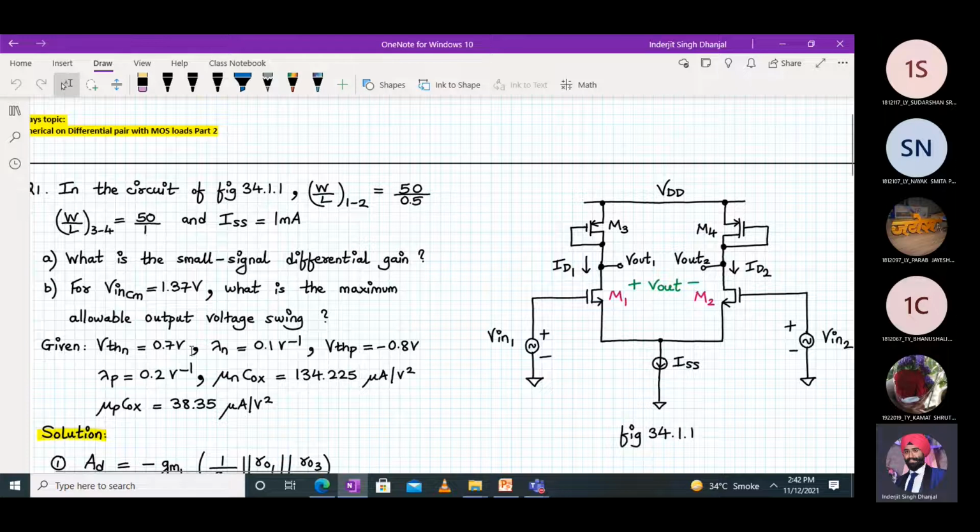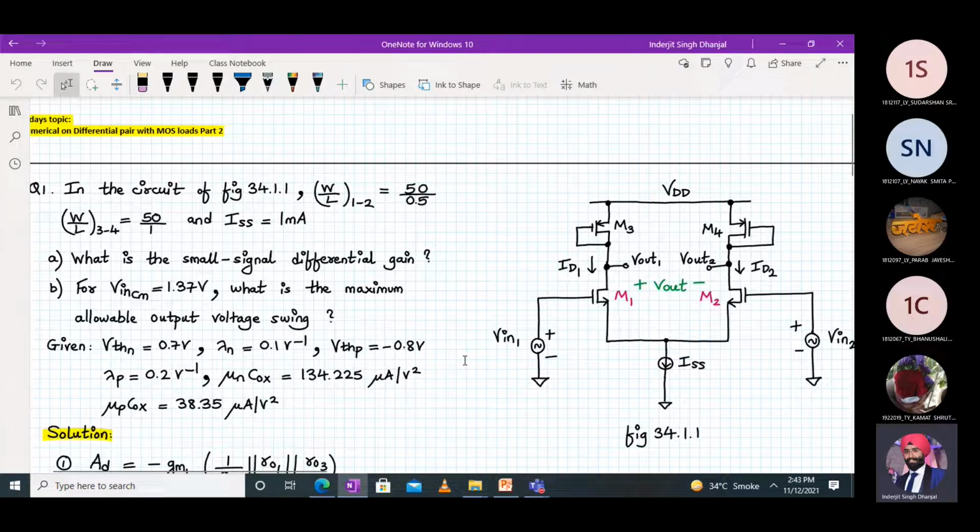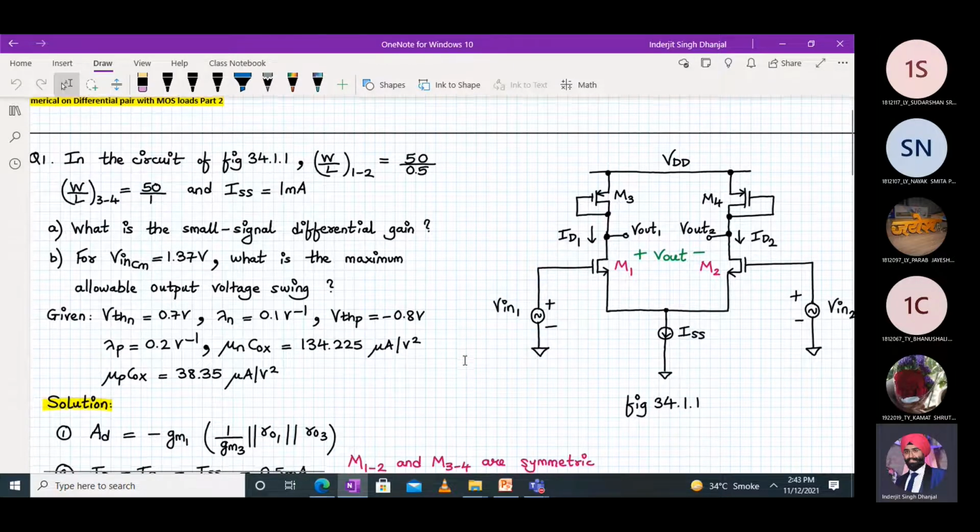The parameters of the NMOS and PMOS are both given: VTN and VTP, mu n Cox, mu p Cox, lambda n and lambda p. All the values are given to us. So kindly take the print screen of the numerical question. Done that? Yeah. So we'll start with the solution.